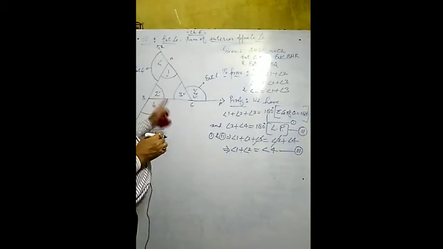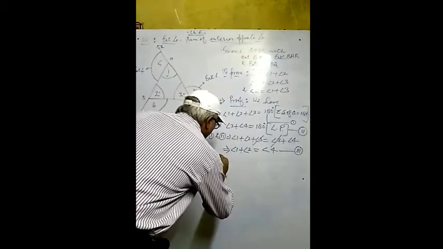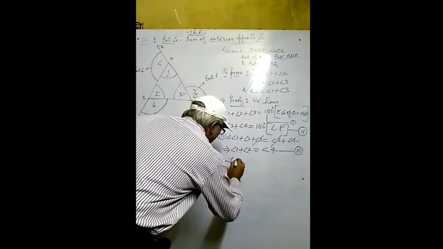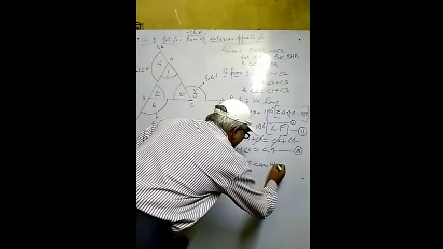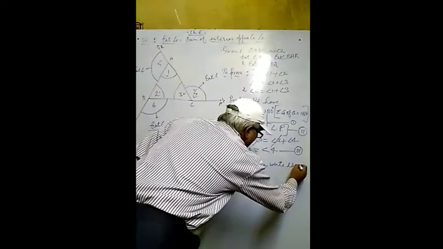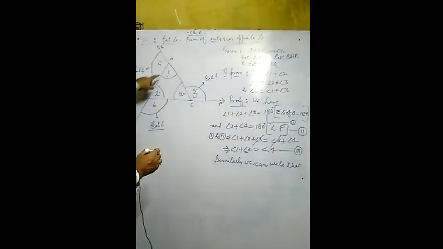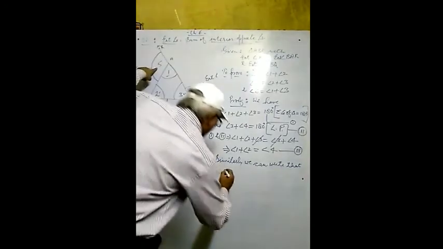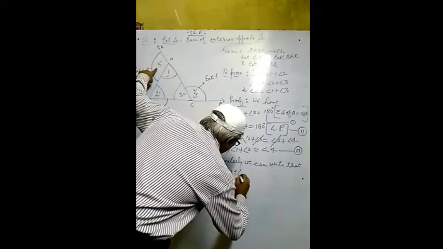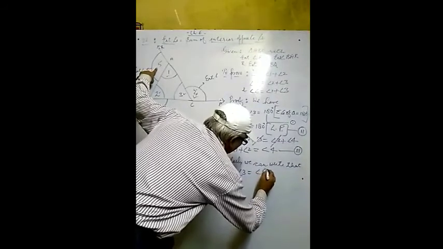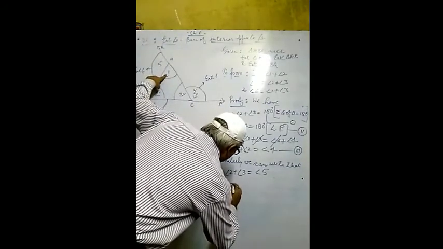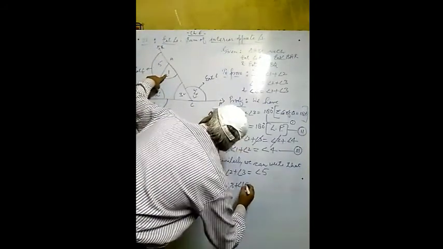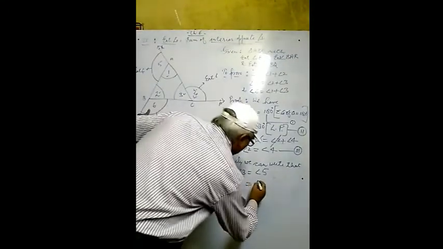Similarly, we can show that angle 1 and 2 equal angle 4, angle 2 plus angle 3 equals angle 5, and angle 3 plus angle 1 equals angle 6.